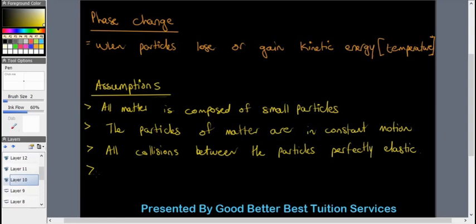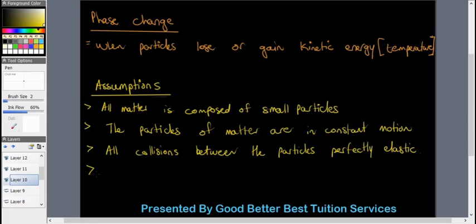So we assume that the collision here in chemistry, under the kinetic molecular theory, where the particles are colliding with each other, is a perfectly elastic collision. In other words, the kinetic energy before they collided is equal to the kinetic energy after.